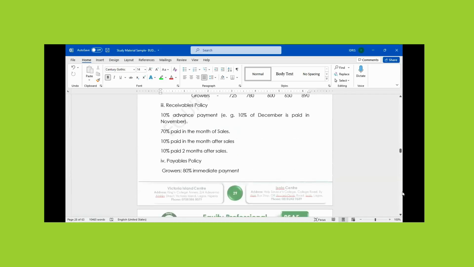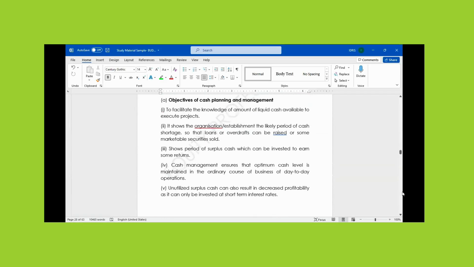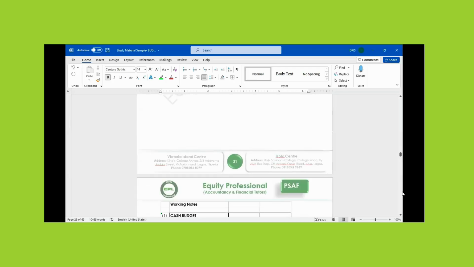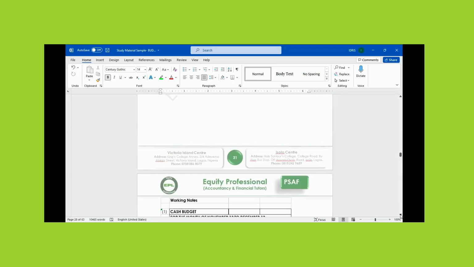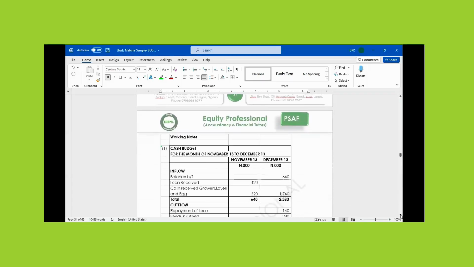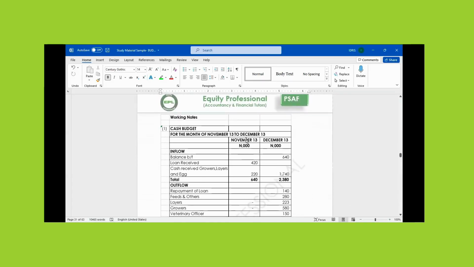If you check my working note one, I said cash budget. This cash budget is for November and December. The cash budget we are asked to do in the question is for January to March, that the examiner asked us to do.